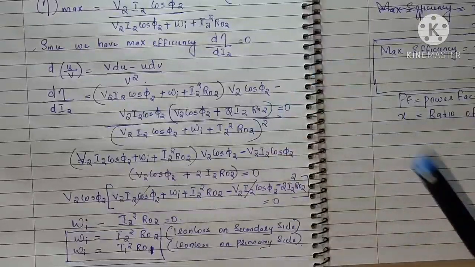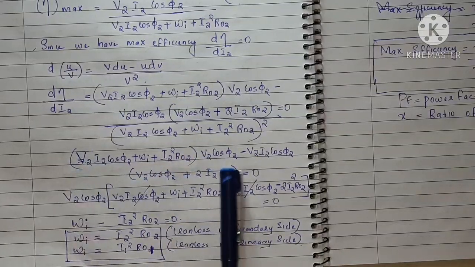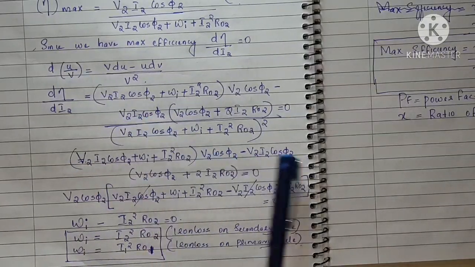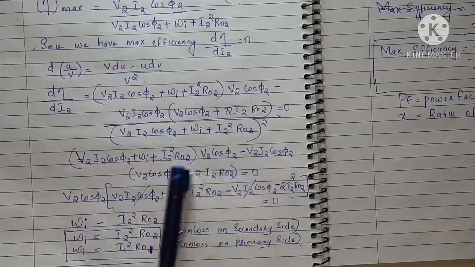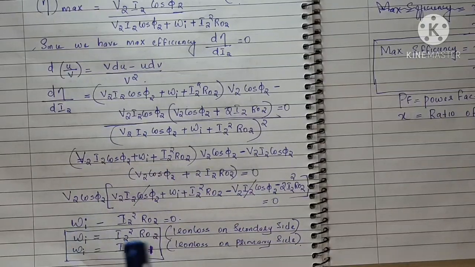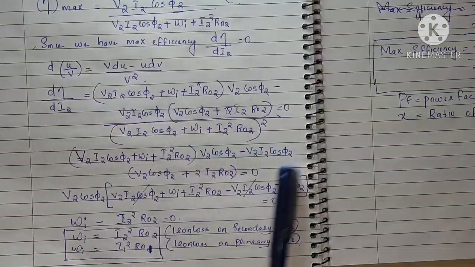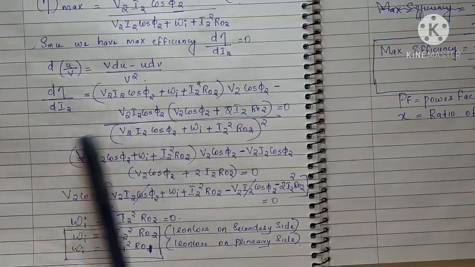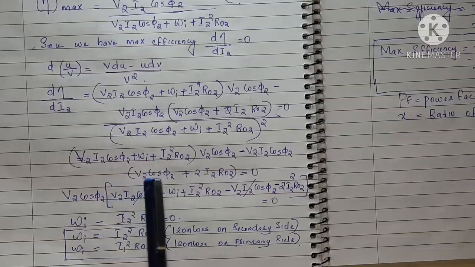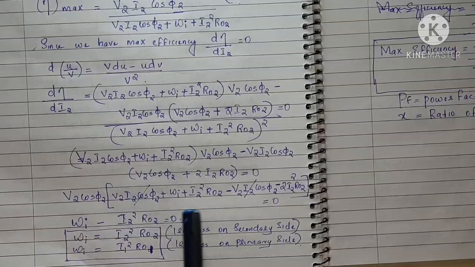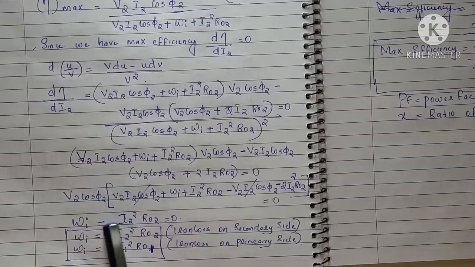So the denominator into 0 becomes 0. So (V2 I2 cos φ2 plus Wi plus I2² R02) into V2 cos φ2, minus V2 I2 cos φ2 into (V2 cos φ2 plus 2 I2 R02), equal to 0. From this, taking V2 cos φ2 as common, it becomes this. Consider this as one term and this one as the second term. From the first term, we are taking out V2 cos φ2, so V2 I2 cos φ2 plus Wi plus I2² R02.